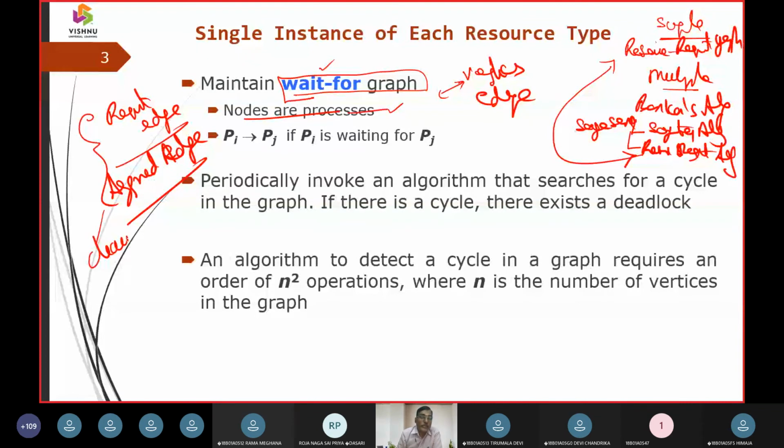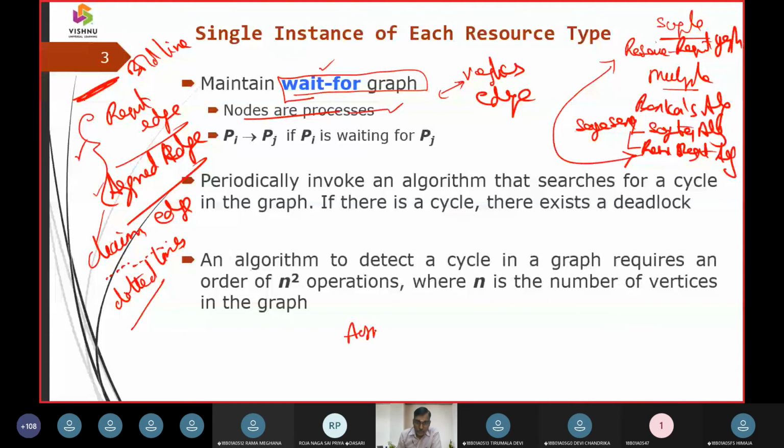Then we are going to say it is a claim edge if it is drawn as a dotted line. If it is drawn in a bold line, then it is a request edge or an assigned edge. If it is an assigned edge, then it will be from resource to process.